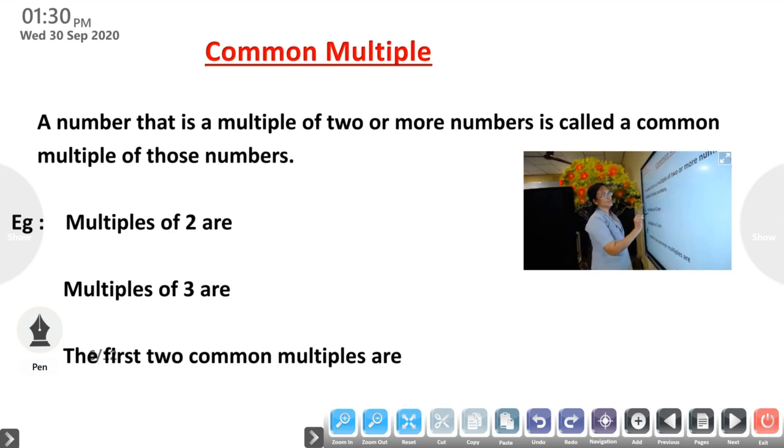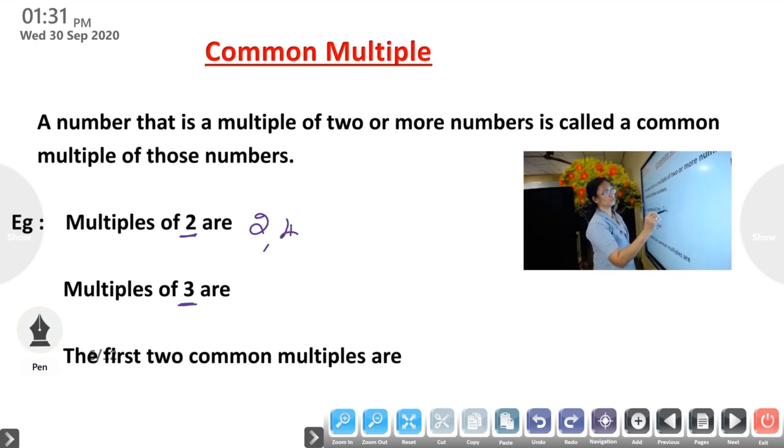Okay. I have written two numbers here, 2 and 3. Multiples of 2 we are going to write, and multiples of 3 we are going to write. Multiples of 2 are, from the multiplication table you can directly write, 1 into 2 is 2, 2 into 2 is 4, 3 into 2 is 6.